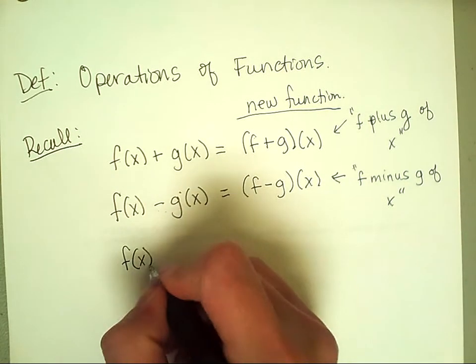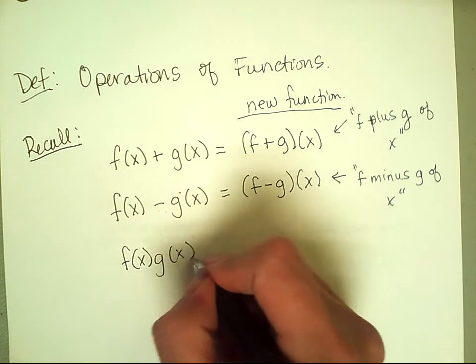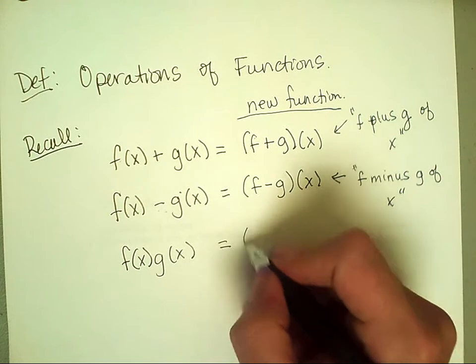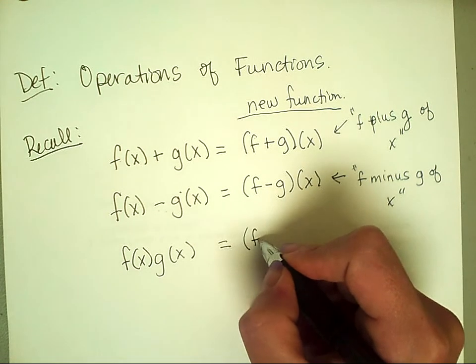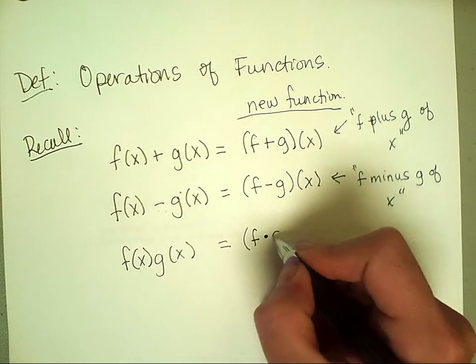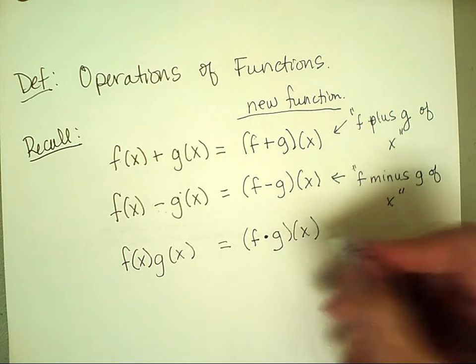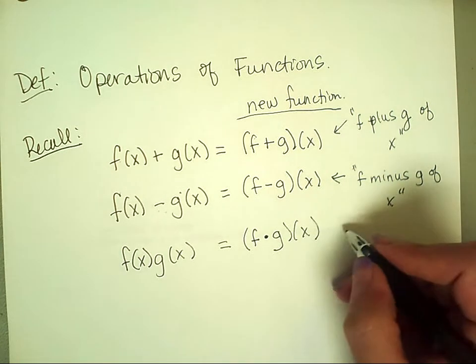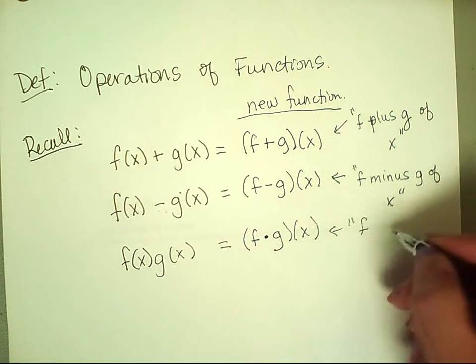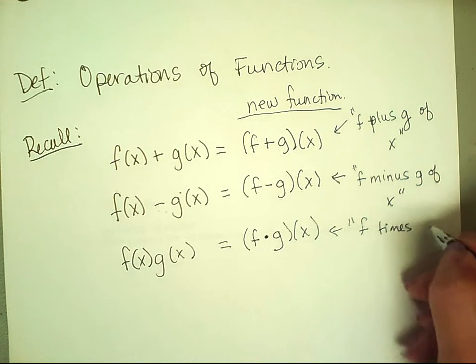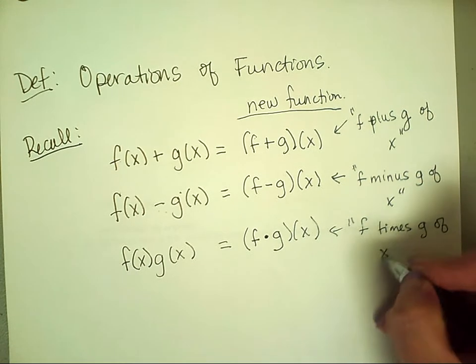We can also multiply functions. And the new notation here is f, and then this is a little dot, okay, that's filled in, like so. And this is read f times g of x.